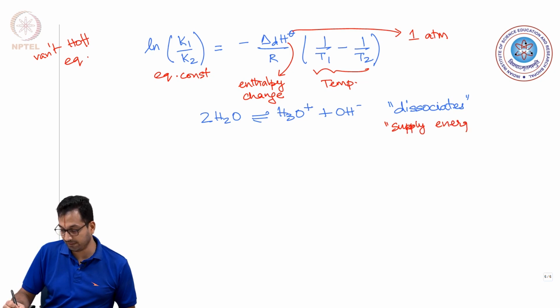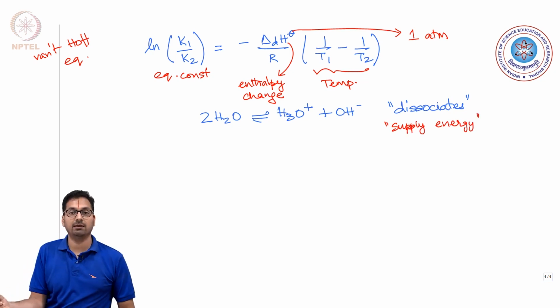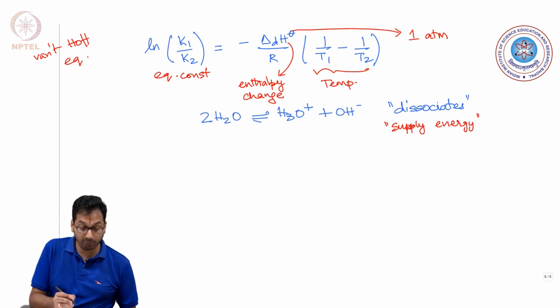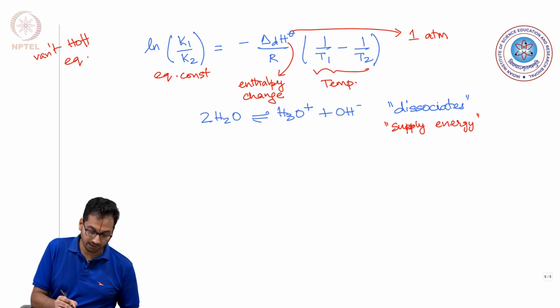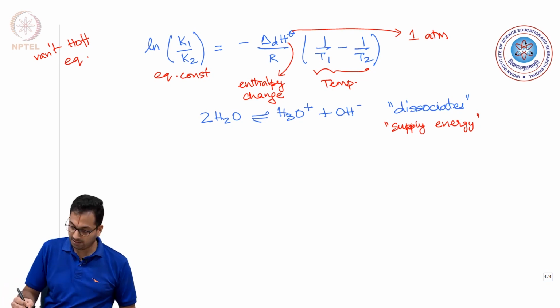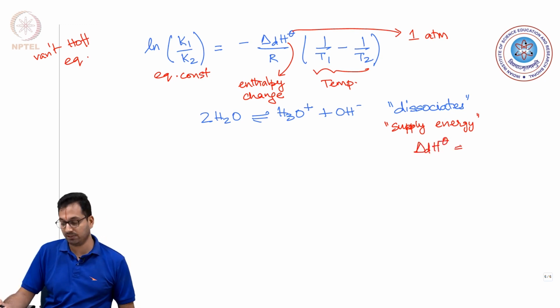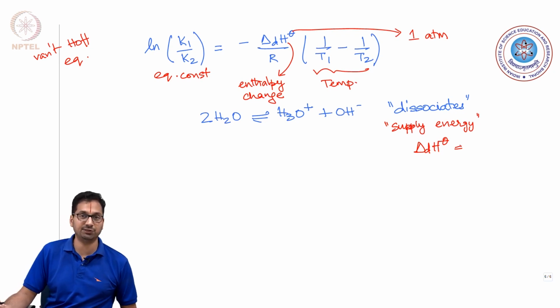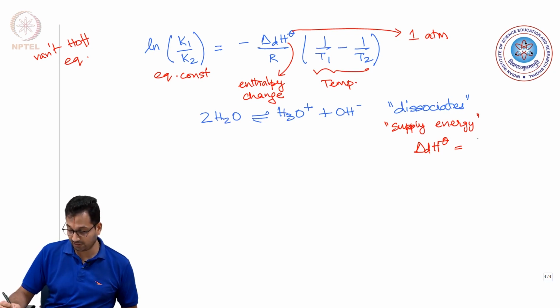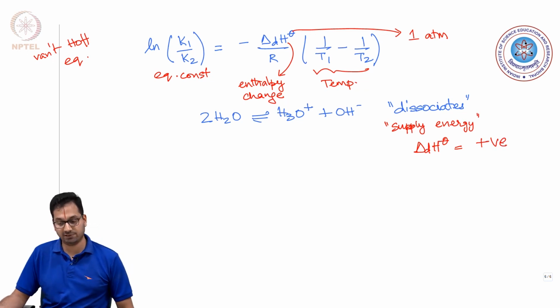Generally, bond breakage is associated with the supply of energy, and bond formation ends up releasing energy. So, when you are going to supply energy, this indicates that such a process is endothermic, because energy is taken from the surroundings. Therefore, delta H is going to be positive for such a process.